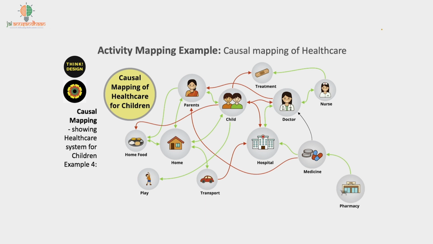The positive interactions are shown in green, the negative interactions are shown in red. The positive ones are things that have to happen, and there's a method of making it happen, and the red ones show some reluctance. For example, the child is reluctant to meet the doctor, reluctant to get the treatment, and reluctant to always eat the home food, but very happy to play.